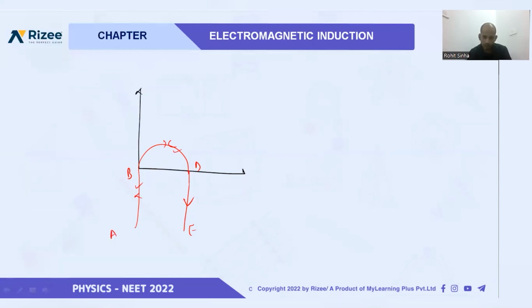Now for D and E, for this, you see here for D to E, if you will put your forefinger in this direction, we have to find magnetic field here. Magnitude we can say magnetic field due to D wire, we can say like this. It will be equal to mu naught I by 4 pi. This is the radius only, so we can write 4 pi r.